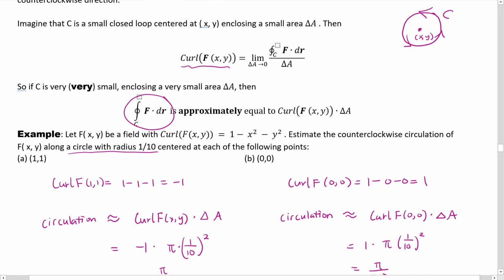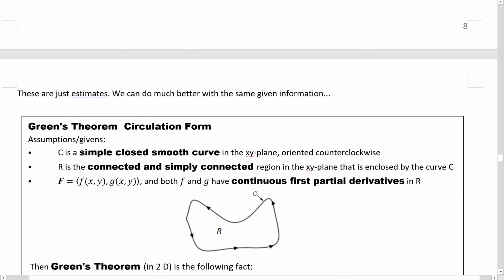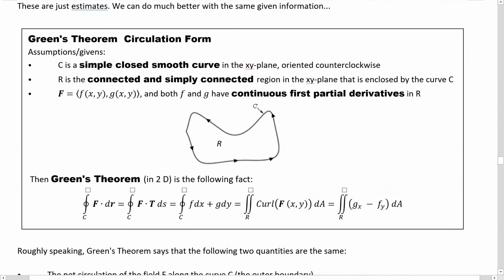So this introduces our theorem. Those are just estimates, but we can do much better with the same given information. Here we have Green's theorem, circulation form. Actually, for Green's theorem we have two forms, circulation form and flux form.